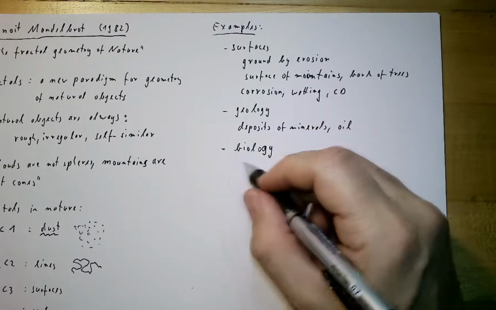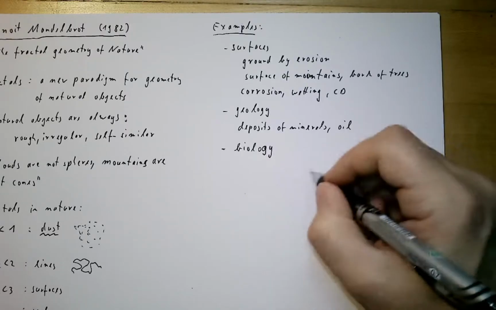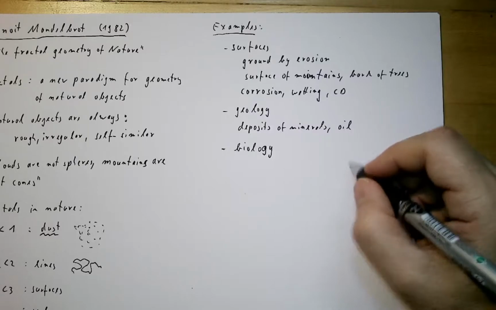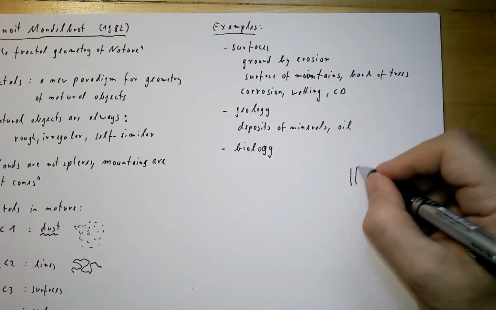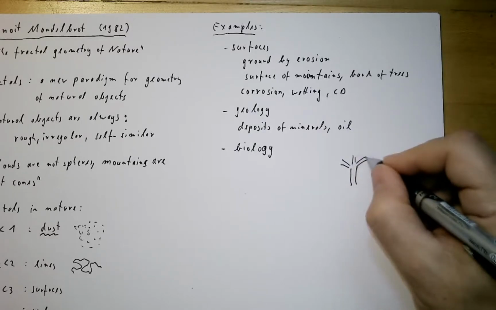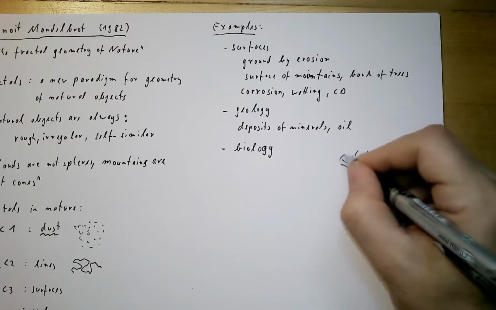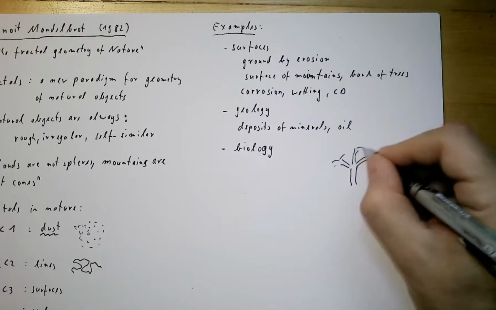But let's give some examples. If you have a tree, you have a trunk, and then a first branch, and then smaller branches, and from the smaller branches again smaller branches.